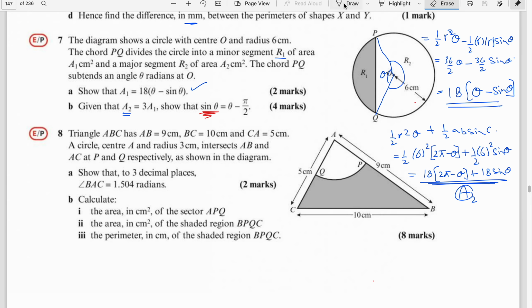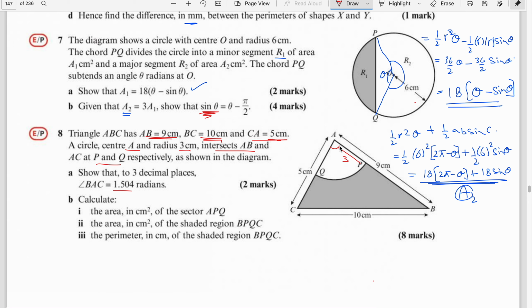Triangle ABC says AB is equal to 9 centimeters, BC is 10, CA is 5. A circle with center A and radius 3 centimeters intersects AB and AC at P and Q. So this is 3. Show that to 3 decimal places BAC is 1.504 radians.